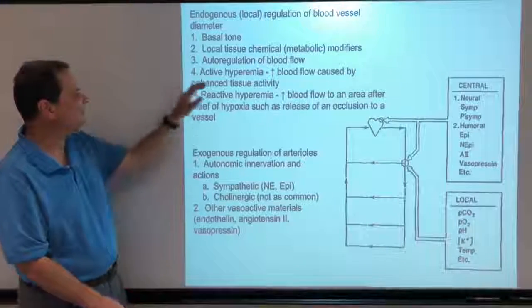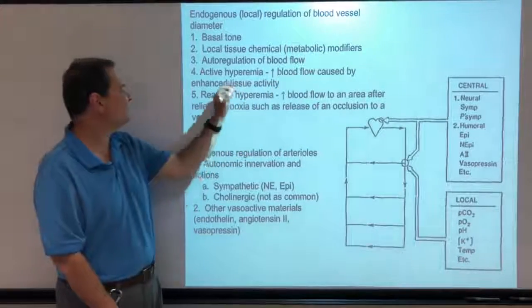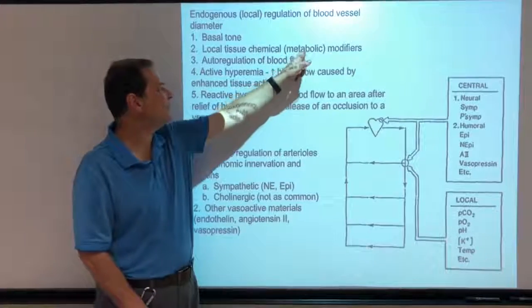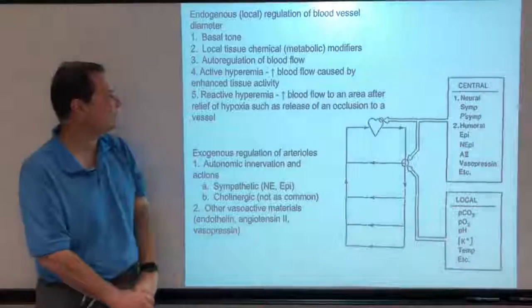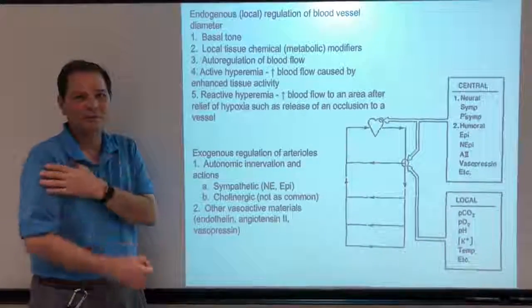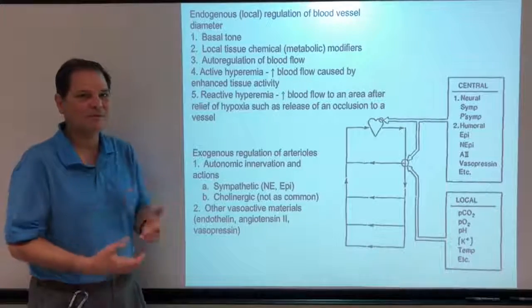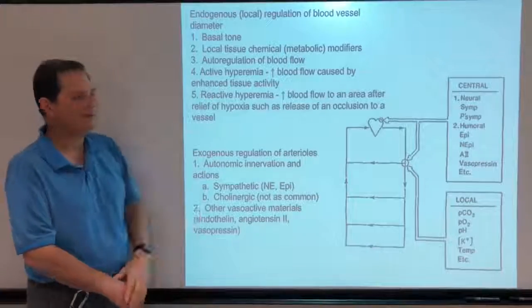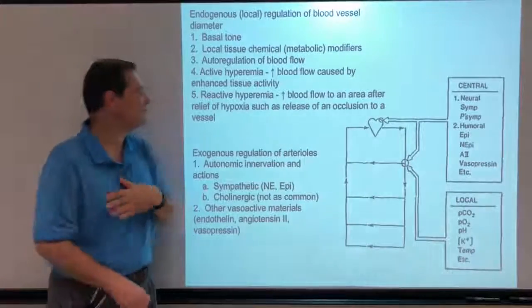We have active hyperemia, increased blood flow caused by enhanced tissue activity, probably mostly by modification through these metabolic modifiers. So this would be, I exercise, my skeletal muscle gets more blood because I'm using more oxygen and more metabolites. That's active hyperemia, increased flow to active tissue.